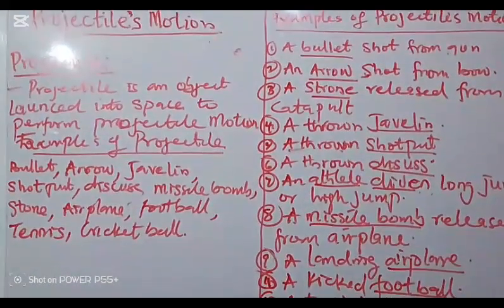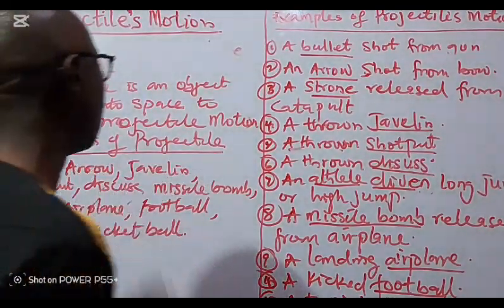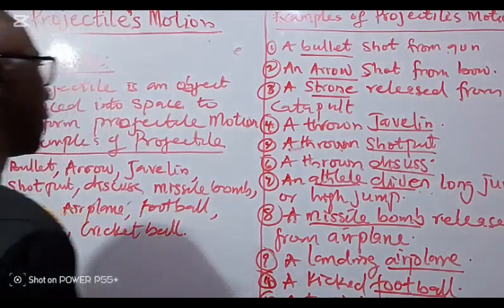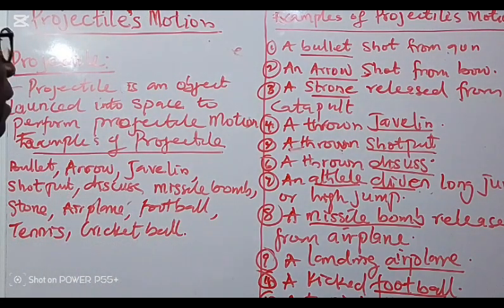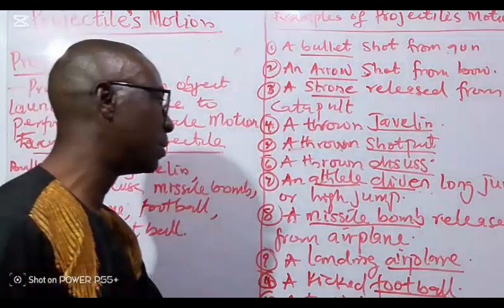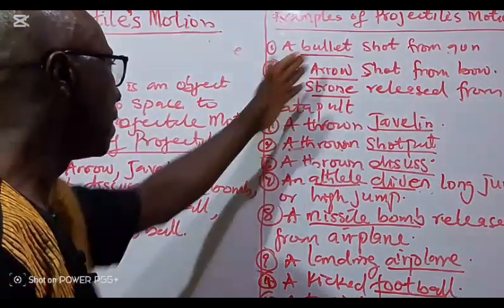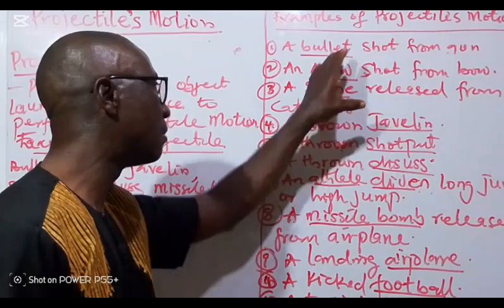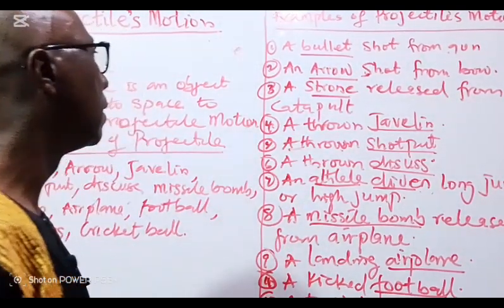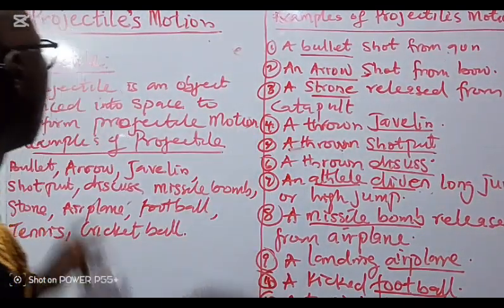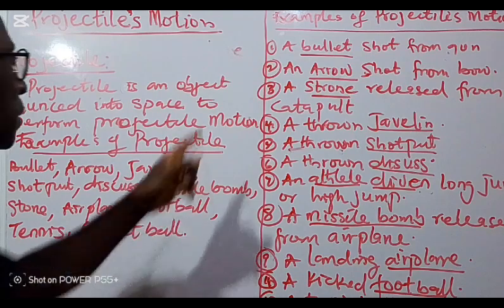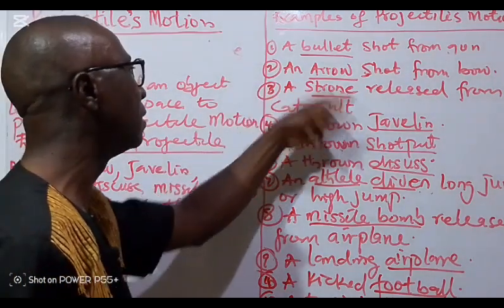Now, from the list of these examples of projectile, when you have to state examples of projectile motion, you state it like this: that particular object that is performing that projectile motion, you need to mention it in your statement.